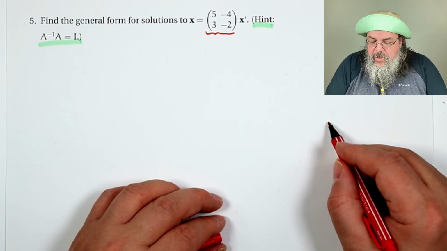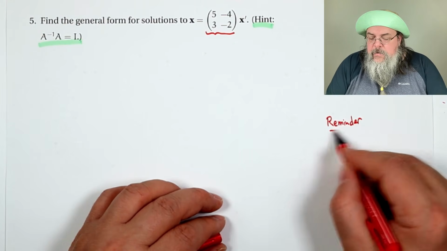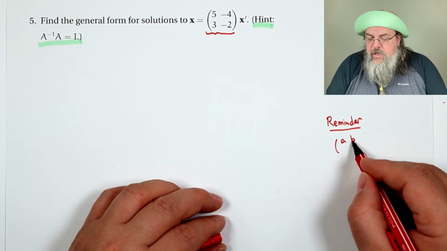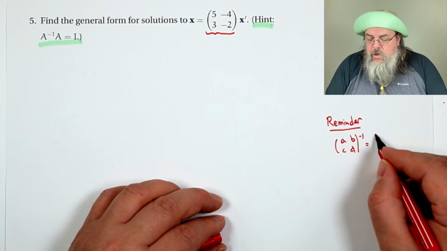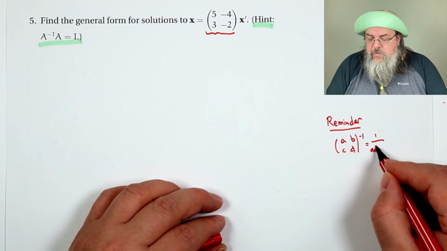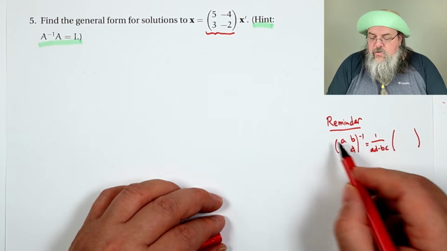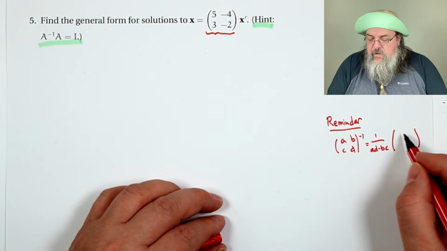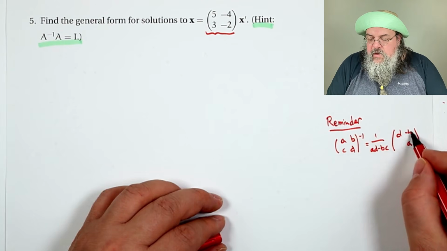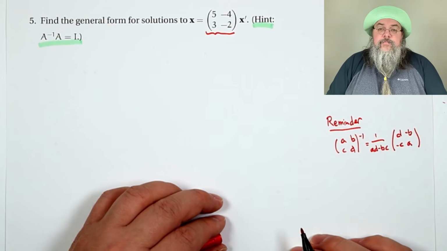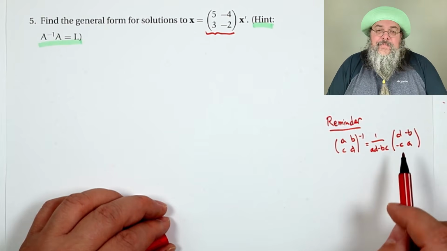As a reminder, if you want to take A, B, C, D inverse, you take 1 over the determinant, which is AD minus BC, and then you swap the entries on the diagonal, so it's D, then A, and then you flip the signs on the off diagonal, minus B, minus C. So that's what we need to get to.